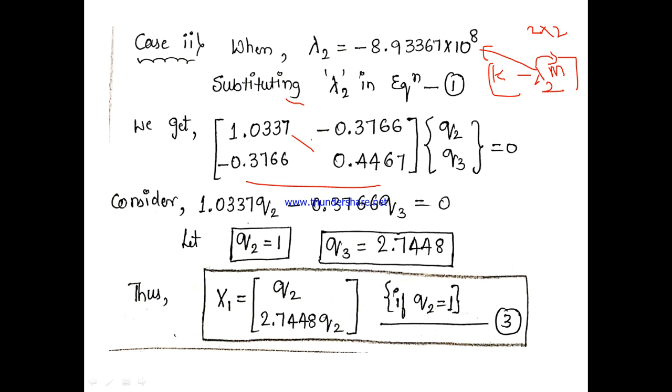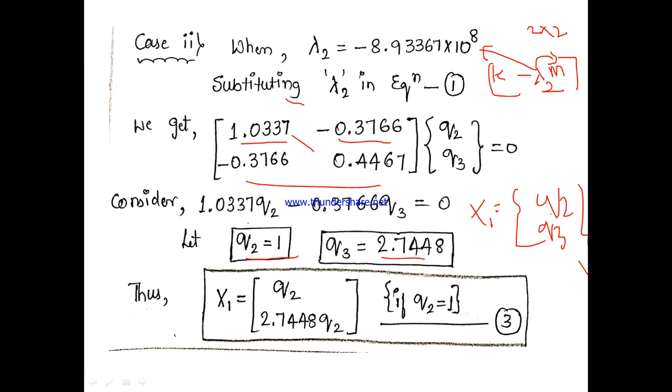You have to consider only this: q1 1.037 into q2 minus 0.3766 into q3 is equal to 0. Same thing, q2 I will consider as 1, then I will get the q3 value. So here x1 is what? Sorry, x1 is q2 q3.